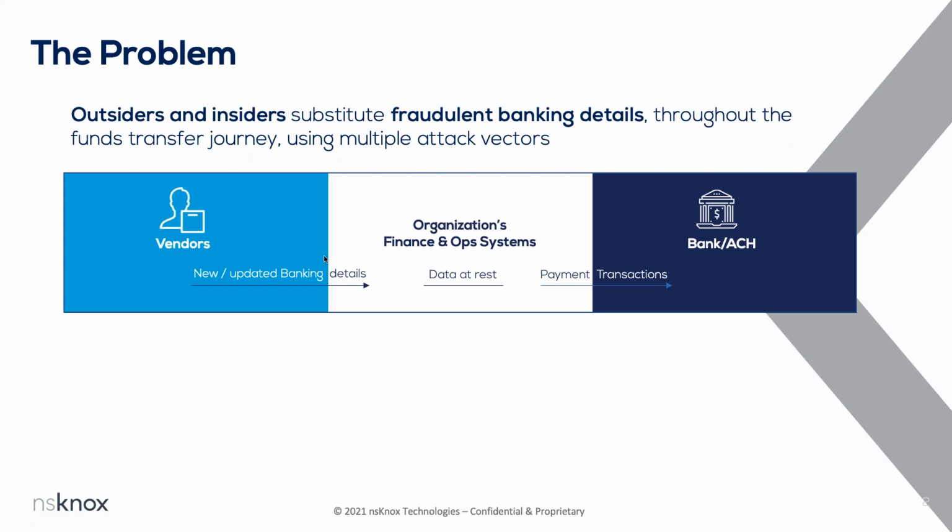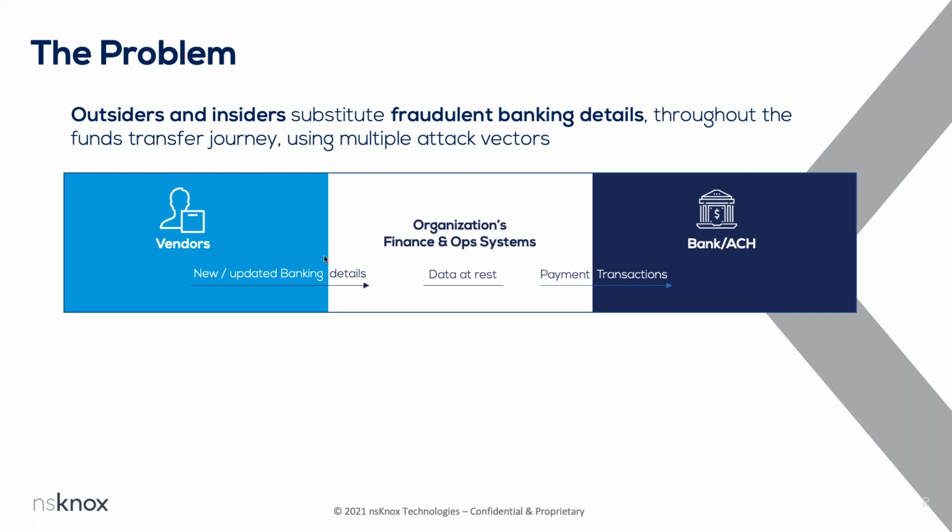In fact, the problem is that outsiders and insiders will continue to try and oftentimes succeed at substituting fraudulent banking details throughout the funds transfer journey, so throughout your procure-to-pay process. And while your specific processes may vary, the flow that is on the slide is pretty typical. You do have a process to onboard new vendors, and you do hopefully have a process to update banking details when requests arrive.